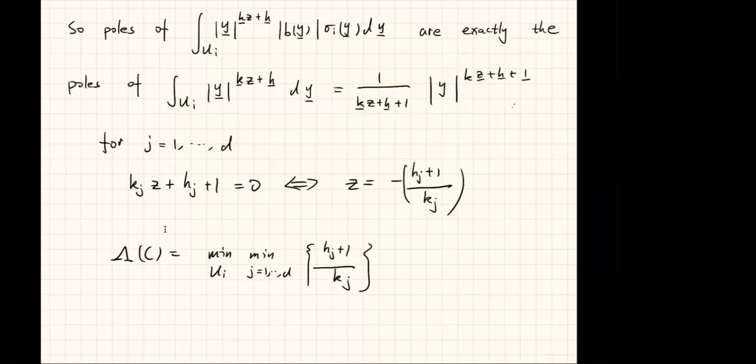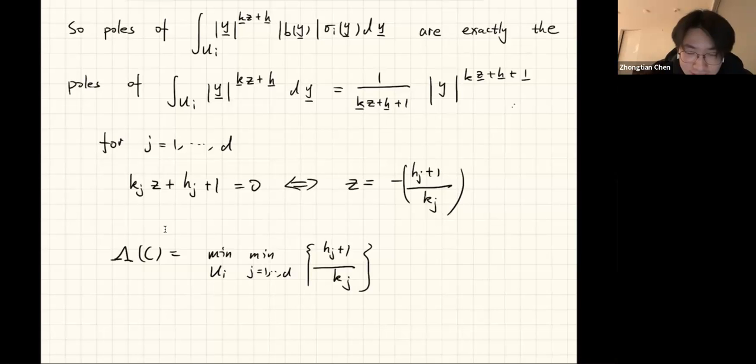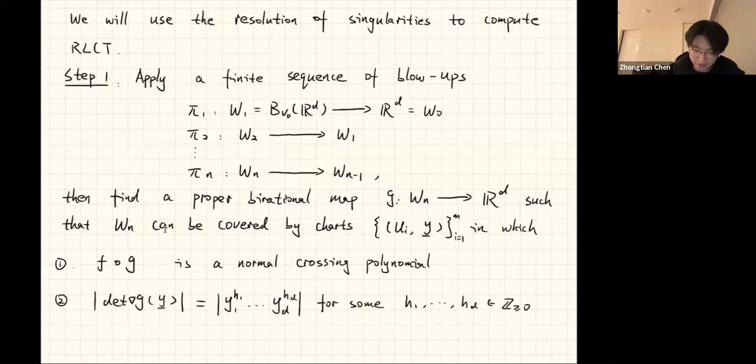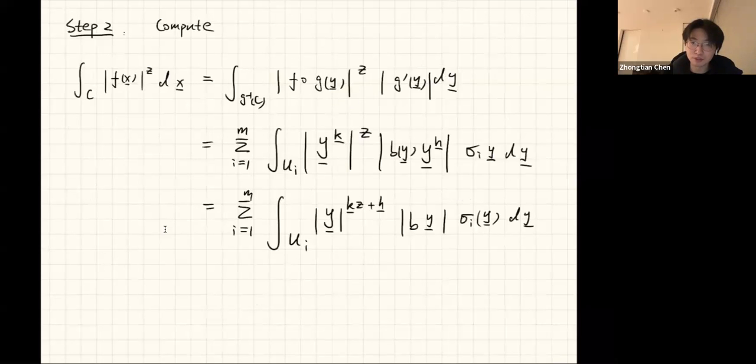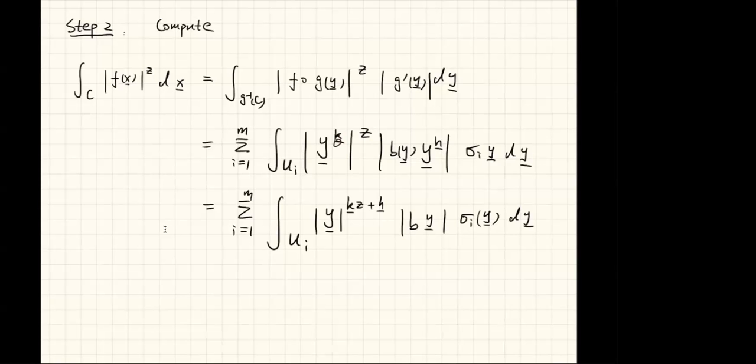What are the K's and the H's? Oh, that's from the resolution of singularities. After you apply the resolution of singularities, our polynomial becomes a monomial, right? So this K will be the exponents of that monomial.